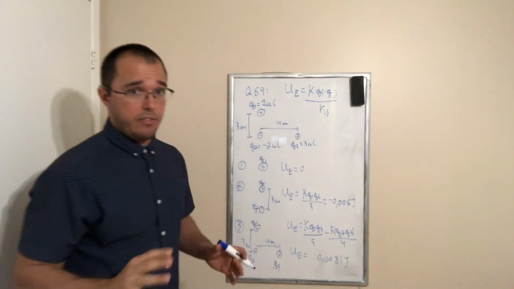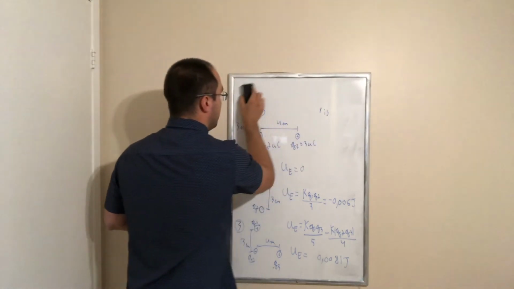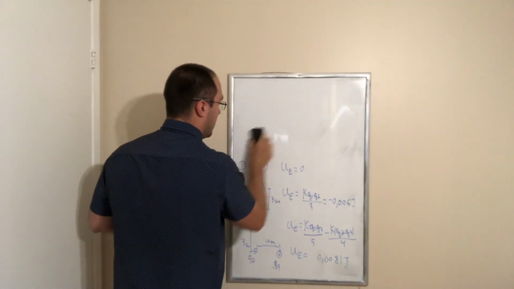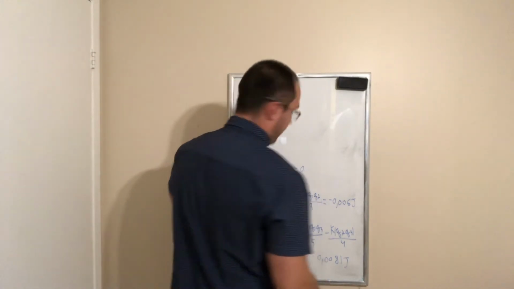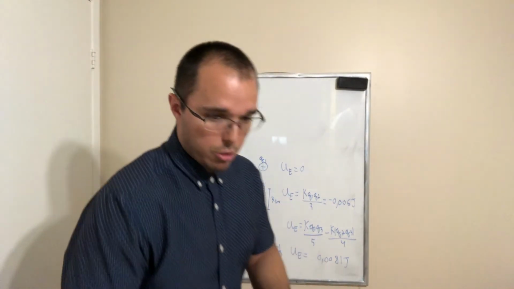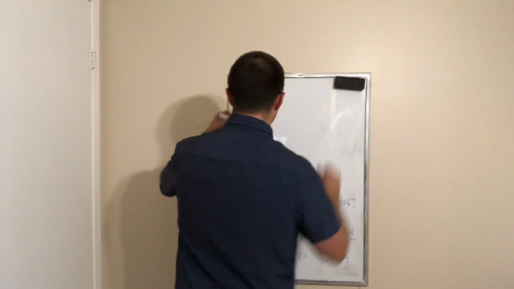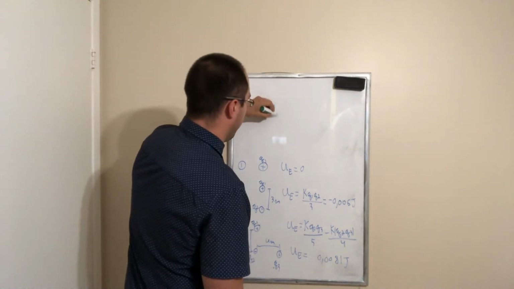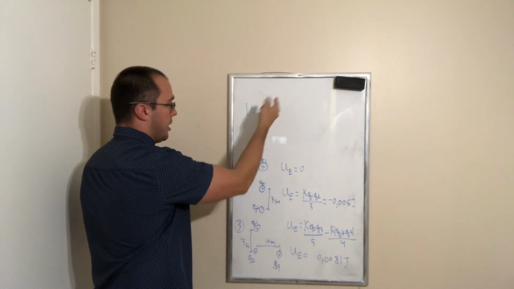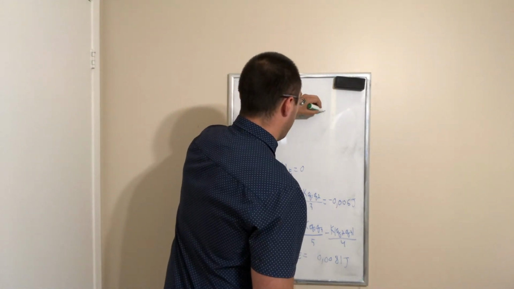If you need to pause the video now, I'm gonna erase the top part. So the total work, and my marker just gave out. So the total work has to be the potential energy of the first step, I'm gonna name it uppercase U1, plus the second step, plus the third step.